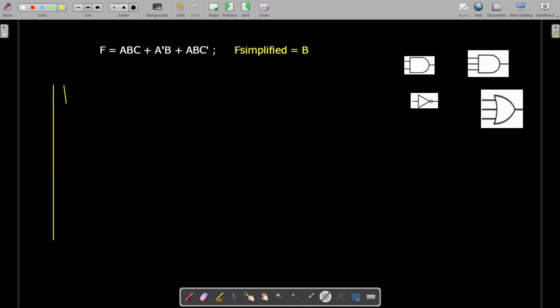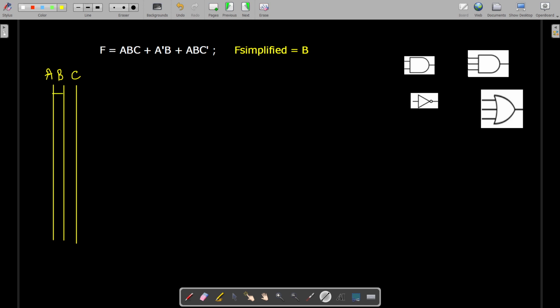So one for A, this is for B and this is for C. We have three input lines, and we name them A, B and C. Then the first term is to be implemented, ABC.